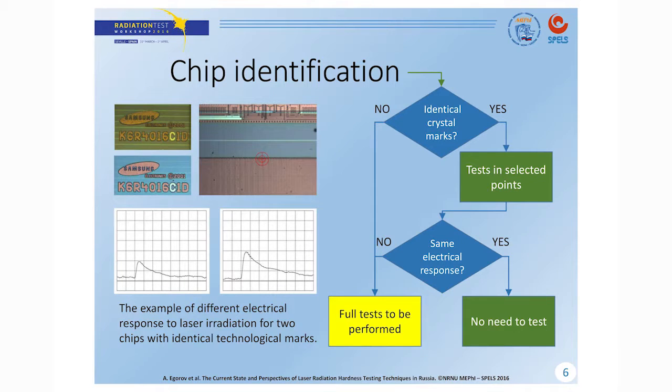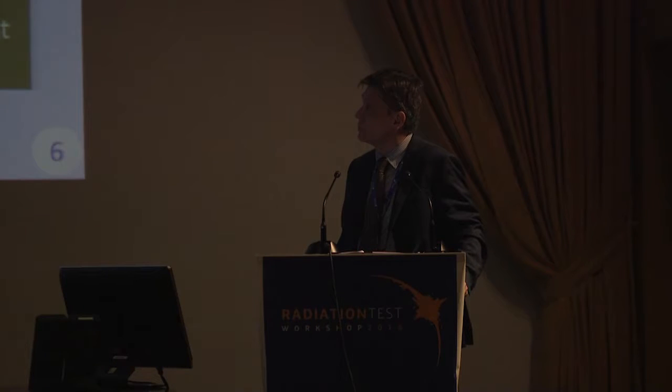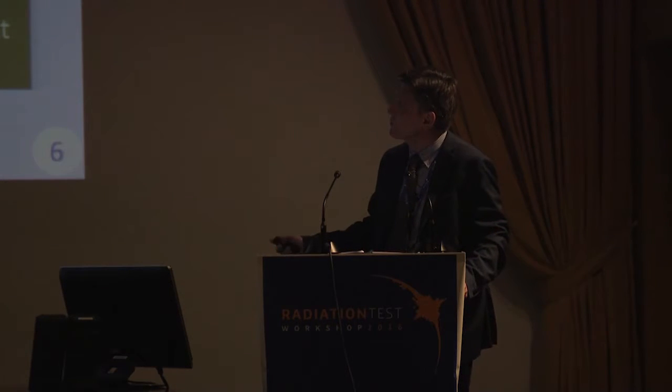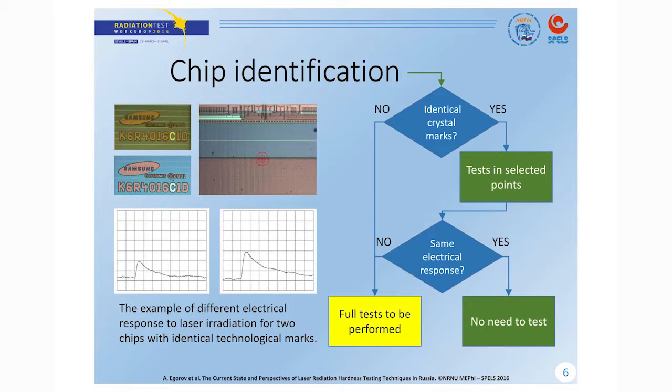So the next operation is chip identification. After we decapsulated the IC, the chip is identified by its technological marks. So you see two chips here, with identical marks. And if this device is in the base of previously tested ICs, the radiation laser tests are performed in several selected points, like this one.